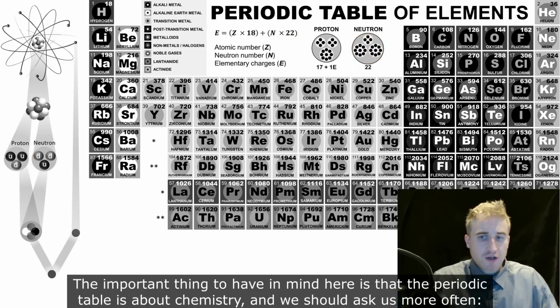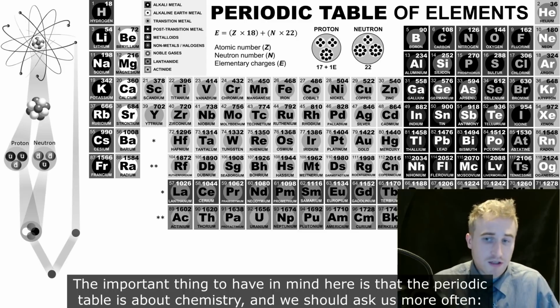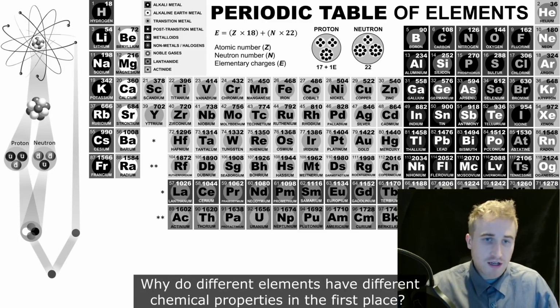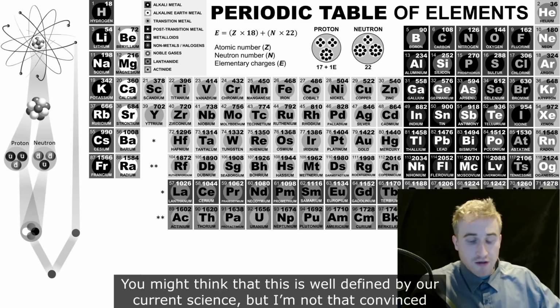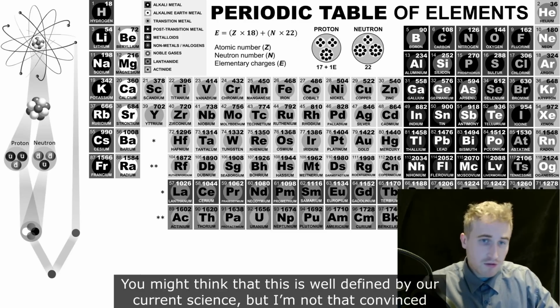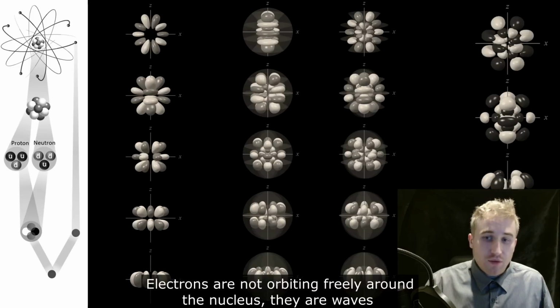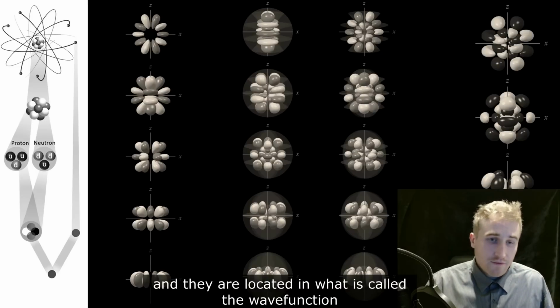The important thing to have in mind here is that the periodic table is about chemistry, and we should ask us more often, why do different elements have different chemical properties in the first place? You might think that this is well defined by our current science, but I'm not that convinced. Electrons are not orbiting freely around the nucleus, they are waves and they are located in what is called the wave function.